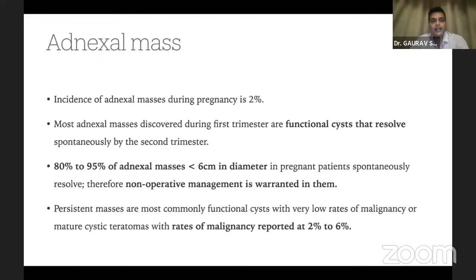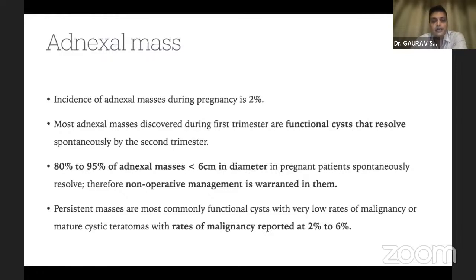Now, when we come to adnexal masses, these are there in roughly about 2% of pregnancies. Sometimes they might be really small and need to be monitored. But any abnormal sign requires some sort of intervention, for instance when it grows rapidly or if it has solid areas. So these warrant an intervention or at least more investigation.